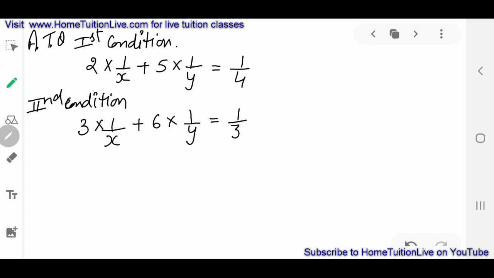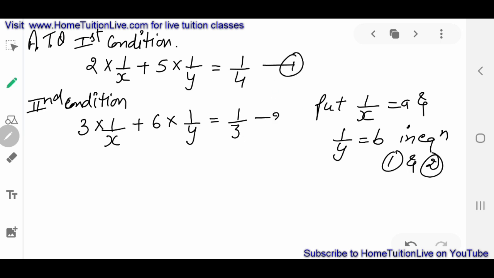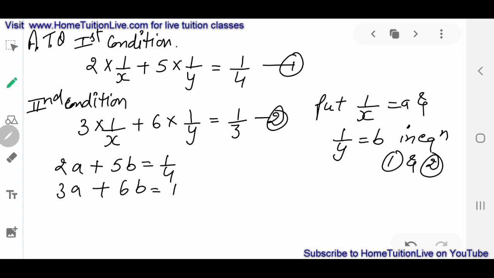Let 1 by X equal A and 1 by Y equal B in equations 1 and 2. This is 1, this is 2. So this is 2A plus 5B equals 1 by 4. This is 3A plus 6B equals 1 by 3.